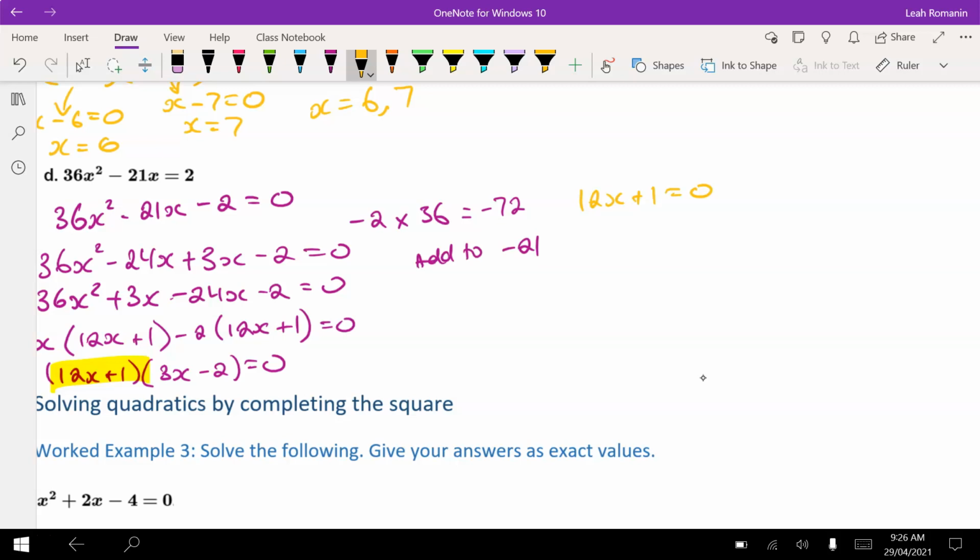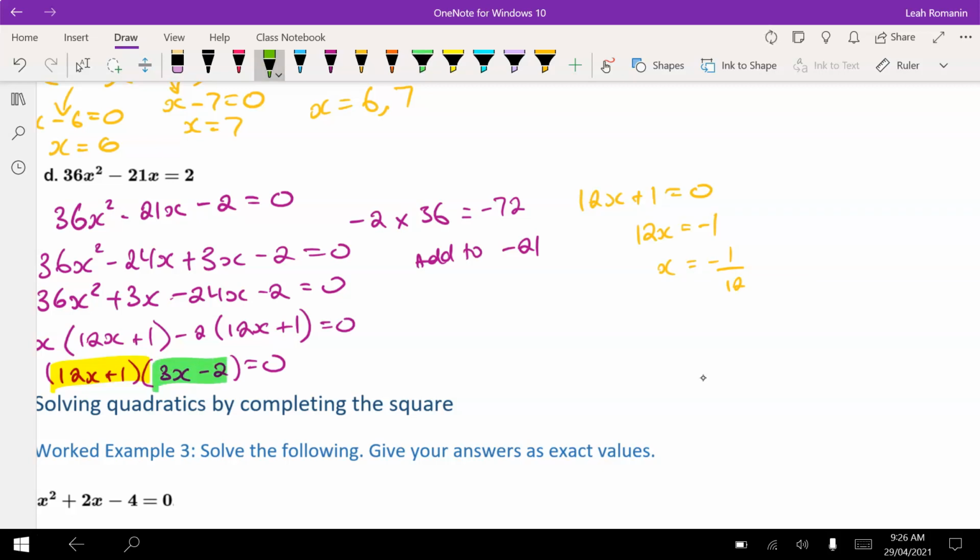If we divide by 12, we're going to have to divide that 1 as well. So I'm going to move that 1 to the other side first. So I'm going to minus 1 from both sides. 12x is equal to negative 1, and then I'm going to divide by 12. So x is equal to negative 1 over 12, which is consistent with one of our solutions that we got on the calculator.